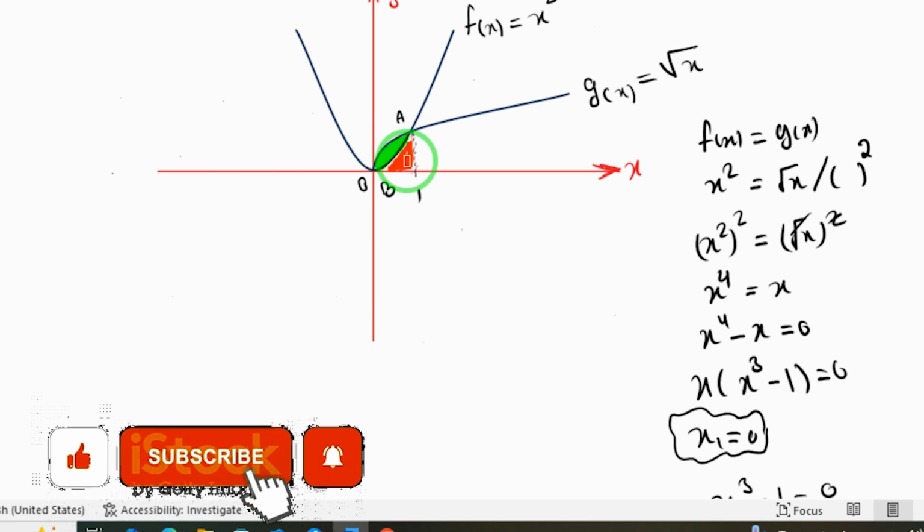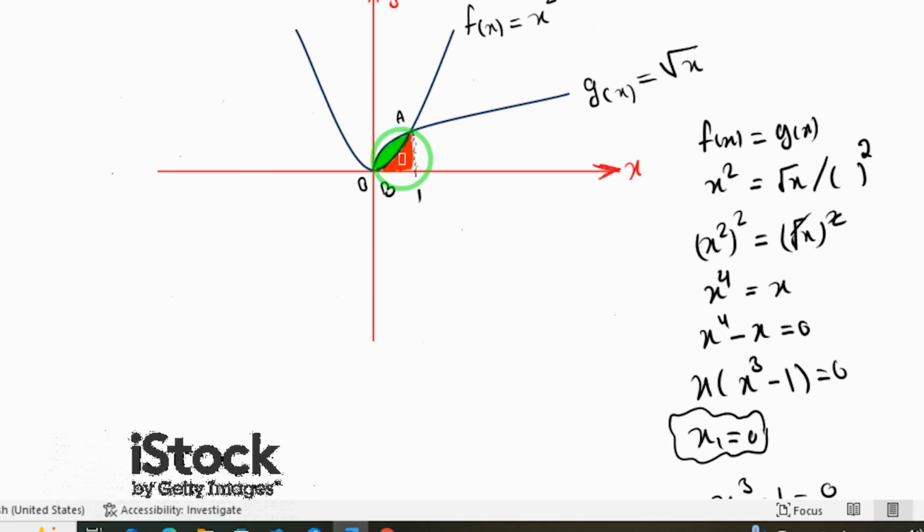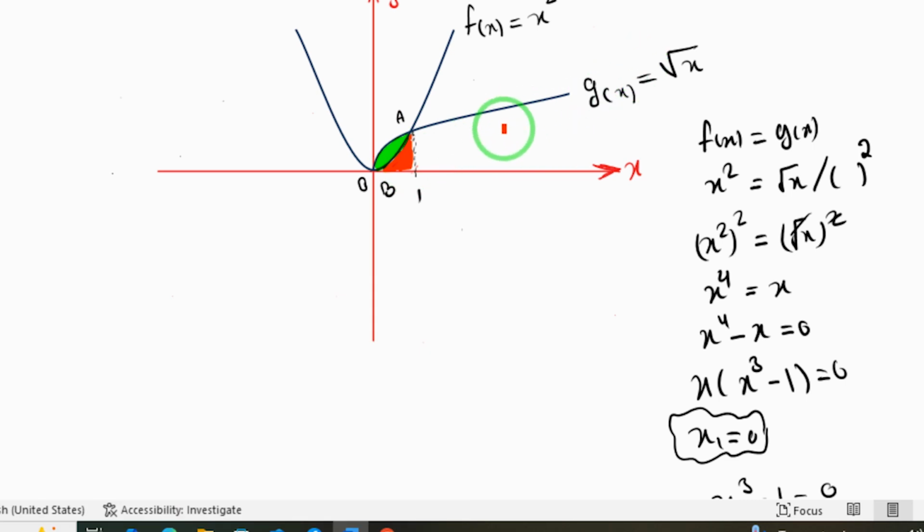The orange or red area is the integration of f(x). We subtract the area of f(x) from g(x). The total belongs to g(x) and the red area belongs to f(x). When we subtract the red area from the total of g(x), the highlighted area remains.